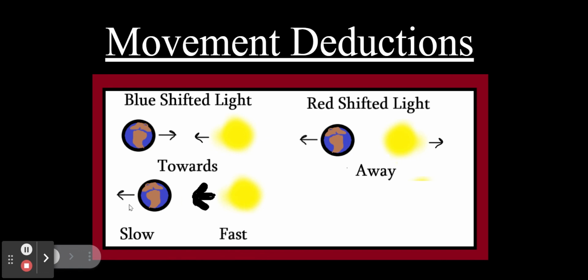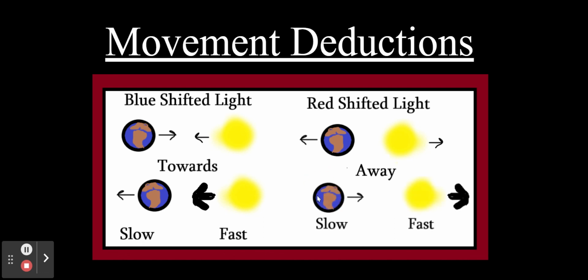As you can see, this and this are both moving to the left. This is moving slow, this is moving fast, so that's going to catch up. Here, it's the same thing but the opposite. They're both moving in the same direction, but one's moving away faster in that direction.